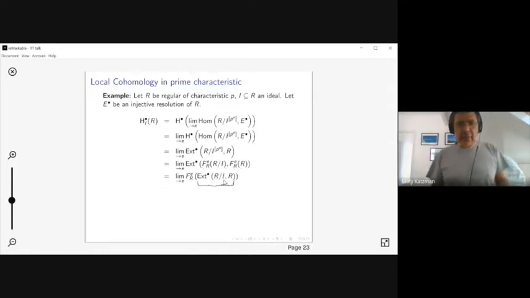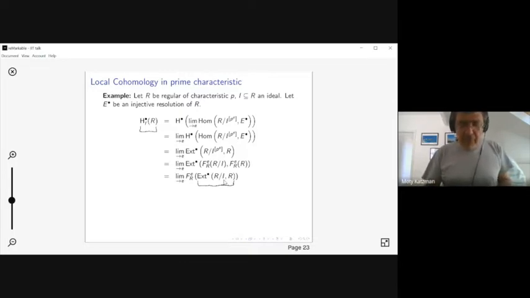And that's another way of writing the local cohomology module supported in I. So this is an interesting example because it's the elementary, or the seminal, example behind the construction of finite F-modules. So let me show you what I mean by that.